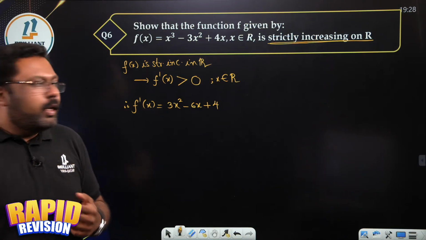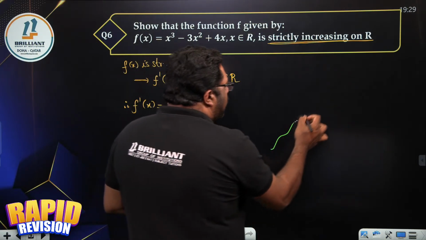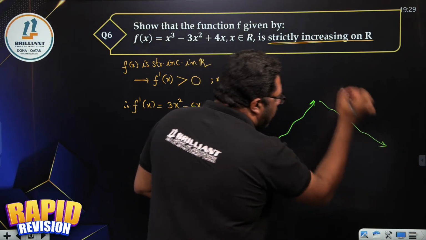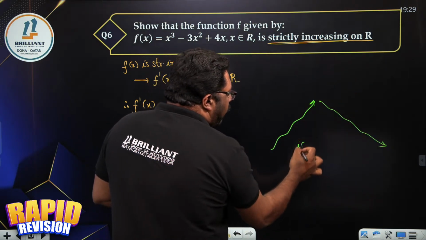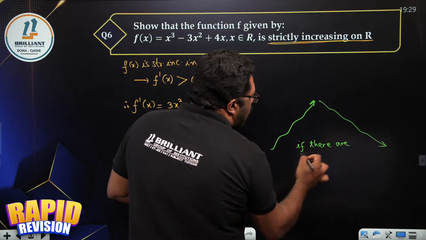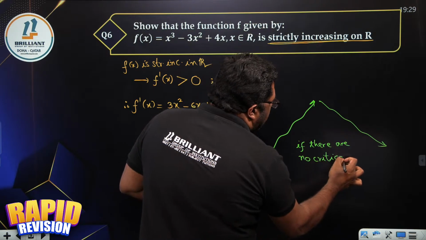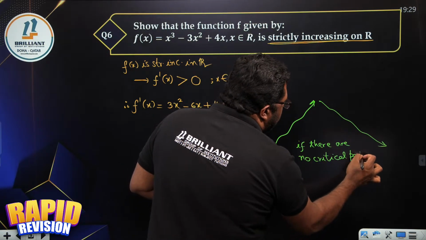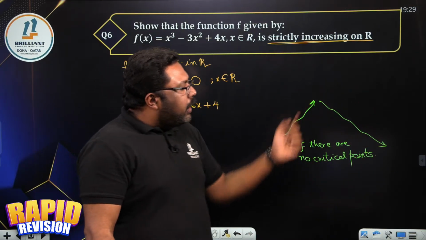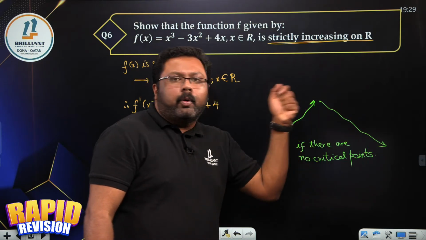One way is, a function is strictly increasing or strictly decreasing if there are no critical points. A function is strictly increasing or strictly decreasing if there are no critical points in the function.